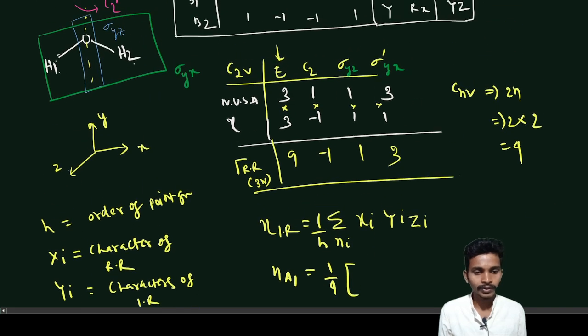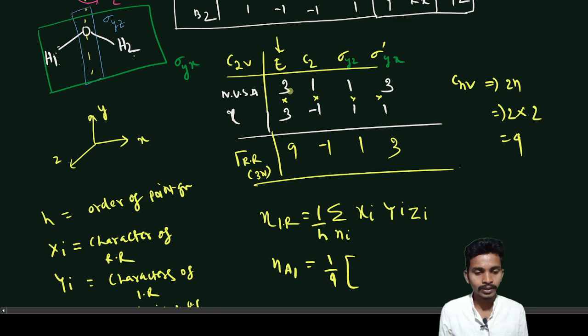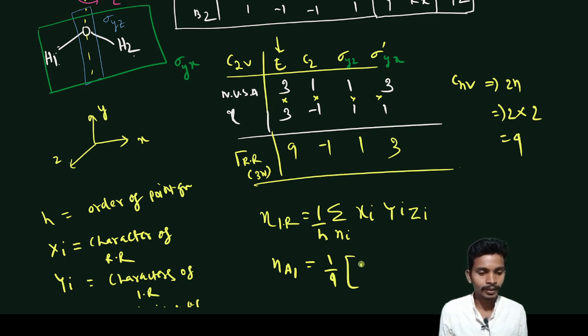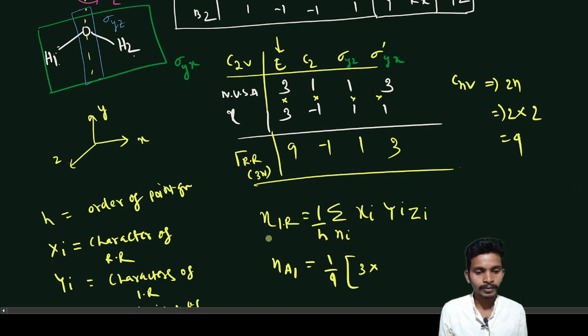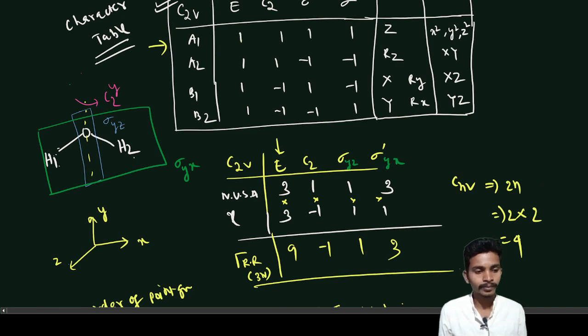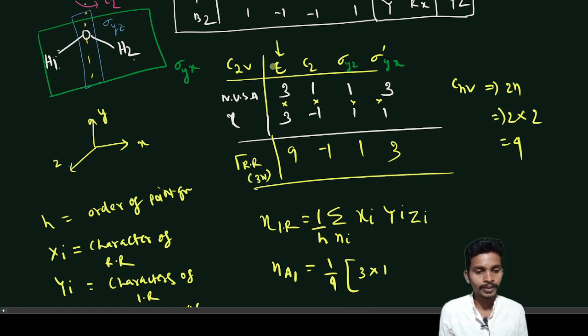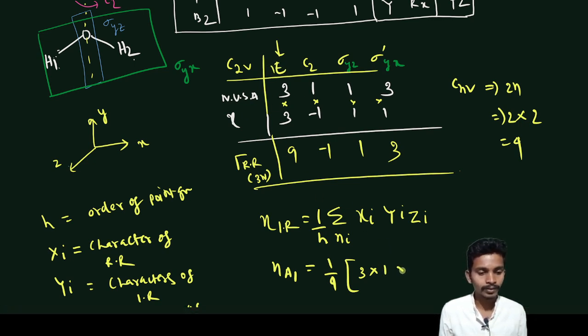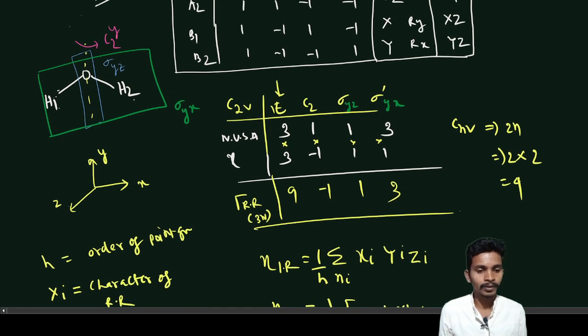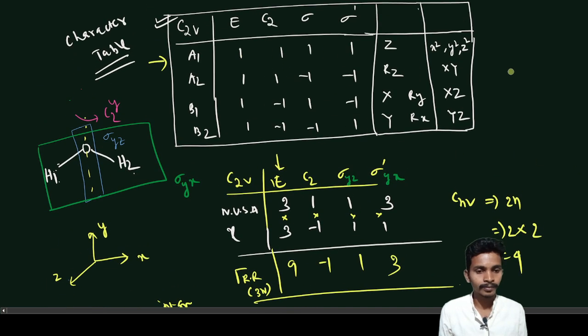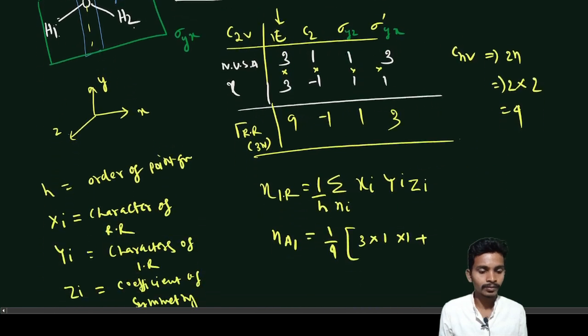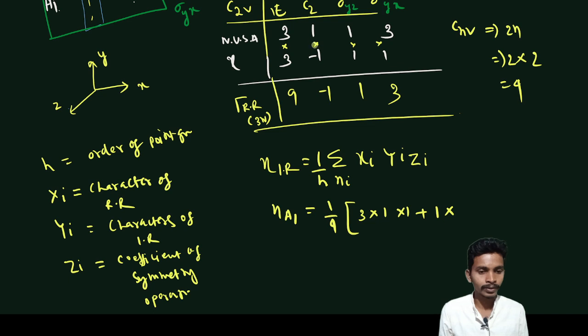So what is xi? First is the character of the reducible representation, 3. Then yi, the character of the irreducible representation: for E it is 1, and the coefficient of the symmetry element is 1.